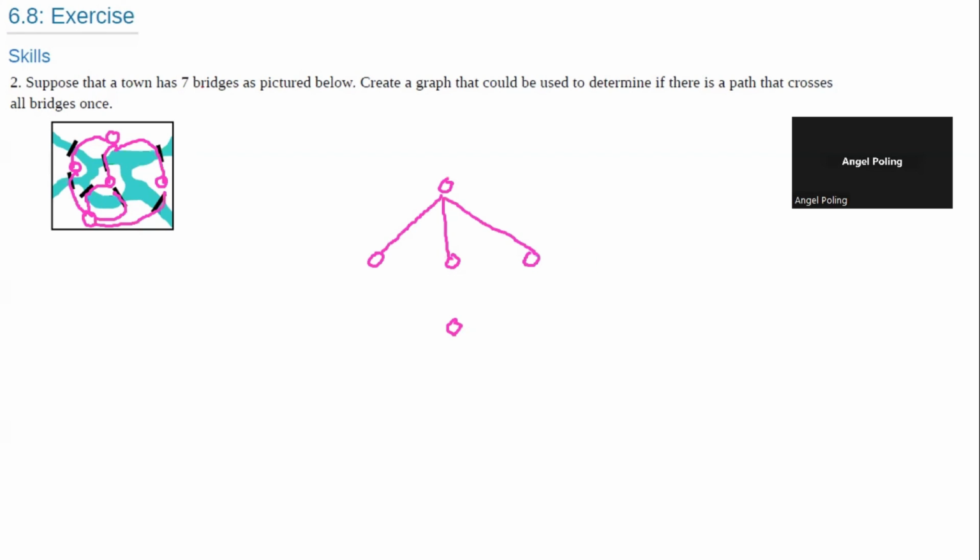And then each of these islands have a bridge to that lower island. But then there was this extra bridge here, so we end up with that extra leg. And the answer was no, we could not actually make a path and cross all the bridges at once.